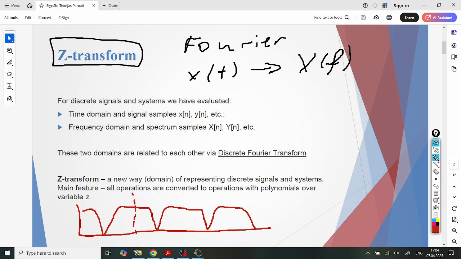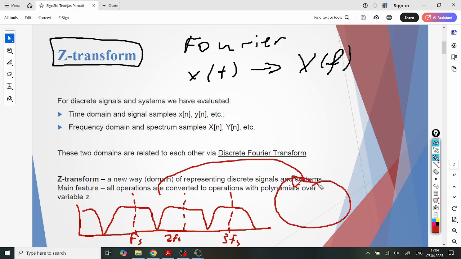So here you have sampling frequency fs, here you have double of that frequency 2fs, here we have triple, and so on and so on. It goes all the way up to infinity. So in a certain sense, you can then kind of take this strip of paper, roll it into a circle, yes, and have this as the repeating pattern.